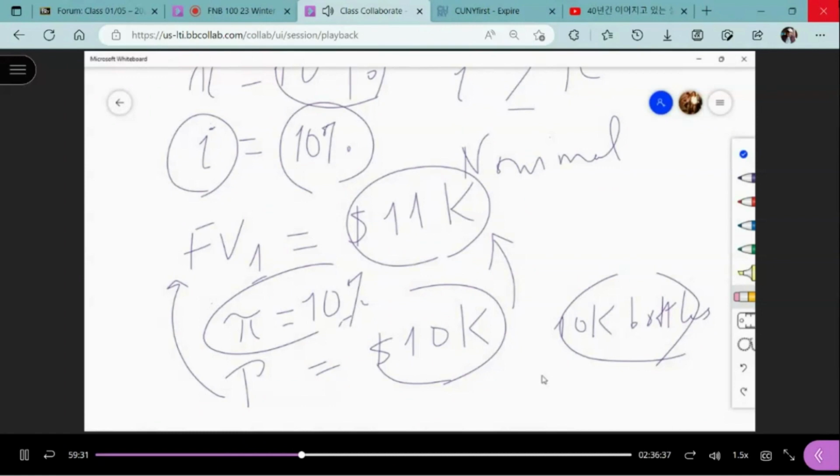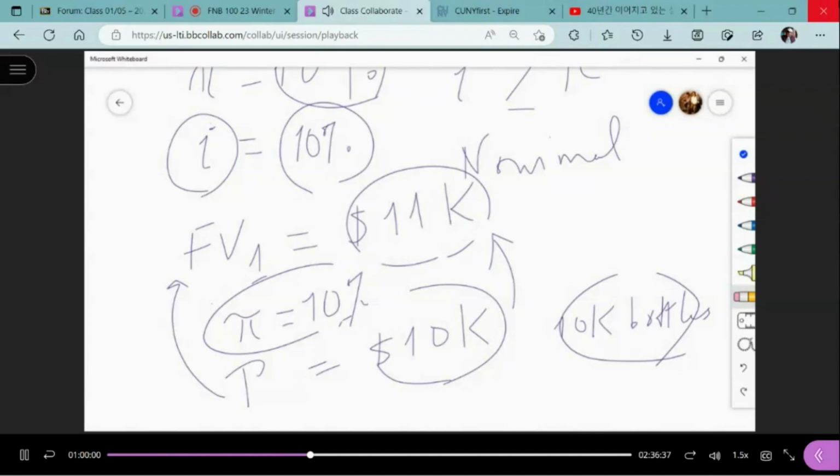The prices of individual items may have increased by different magnitudes, but on average, if everything becomes 10% more expensive, then 1 year later you have 11K in the bank because the interest rate is 10%.